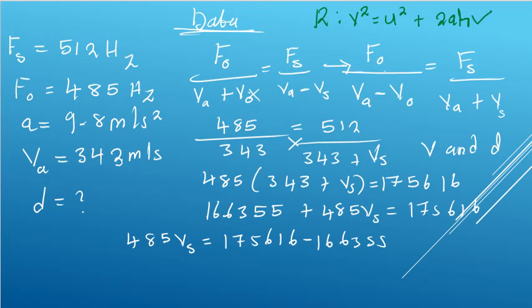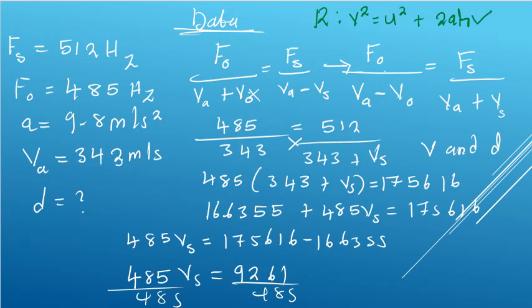If we subtract that, we're getting 485 Vs equal to 9,261 over 485, divided by 485, and of course our Vs is equal to 19.09 meters per second.